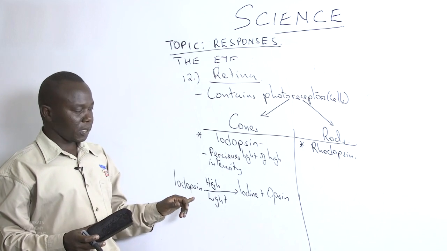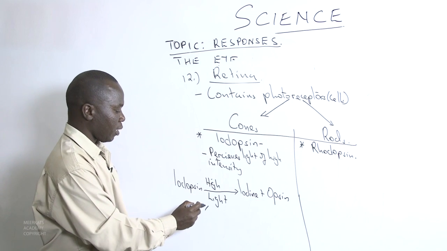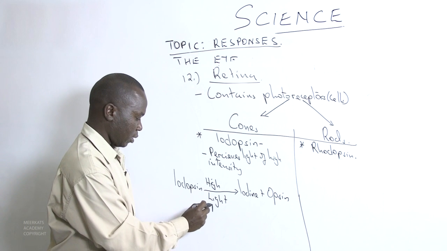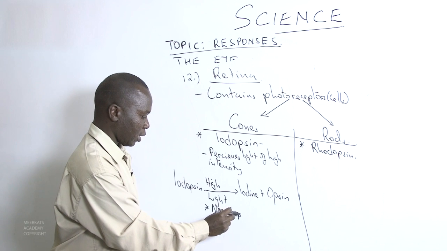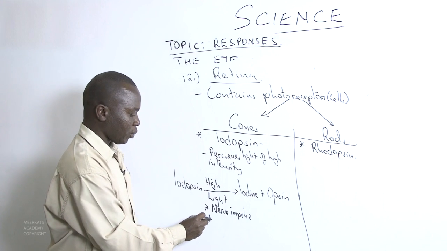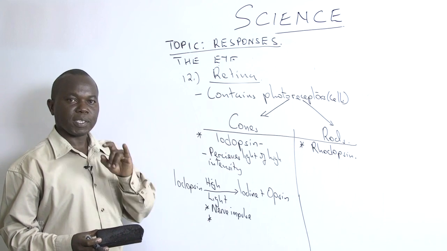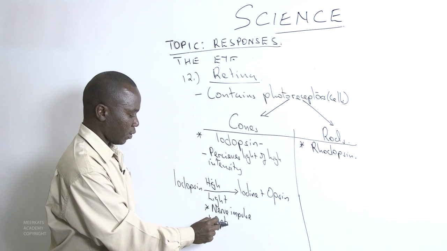When iodopsin degenerates into iodine and opsin, a nerve impulse is generated. That nerve impulse will travel through a sensory neuron, the specific sensory neuron being the optic nerve.